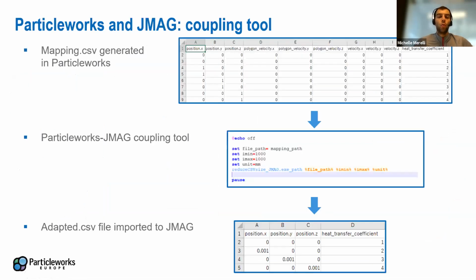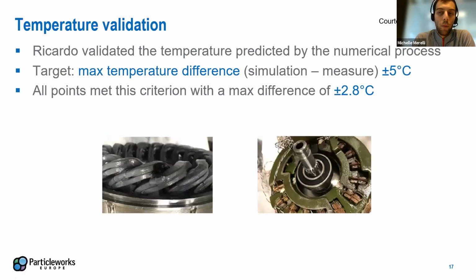To transfer the CSV from Particleworks to JMAG, we have a specifically designed coupling tool, shown here. What it does is parse and select the necessary columns in the CSV file generated from the mapping. And in this way, you can then import it in JMAG.